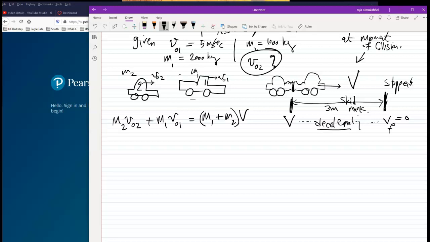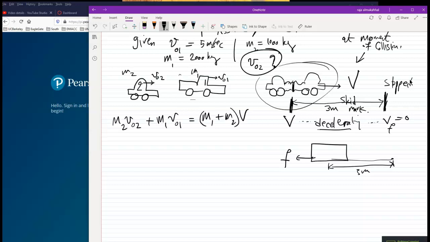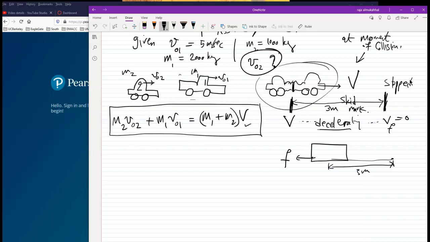So it's decelerating here. One way to draw this picture of those two cars, I can draw it like that. The moment they collided together, it skidded for a distance of 3 meters, while you have a friction force on them like that. Stopped right there. Got it? So here I get this momentum equation. I don't know the big V, that moment of collision, and I don't know V02.